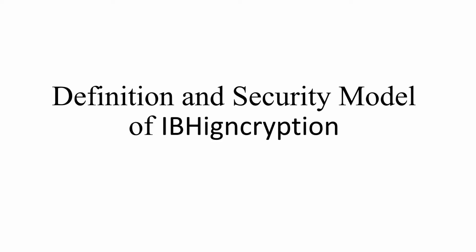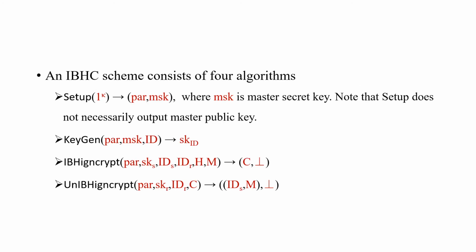Now we introduce the definition and security model of IB-HIGH encryption. An IB-HIGH encryption scheme consists of 4 algorithms. On input of the security parameter, the setup algorithm outputs the system parameter and the master secret key.